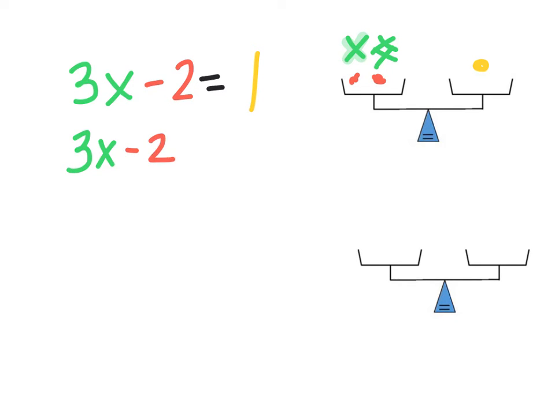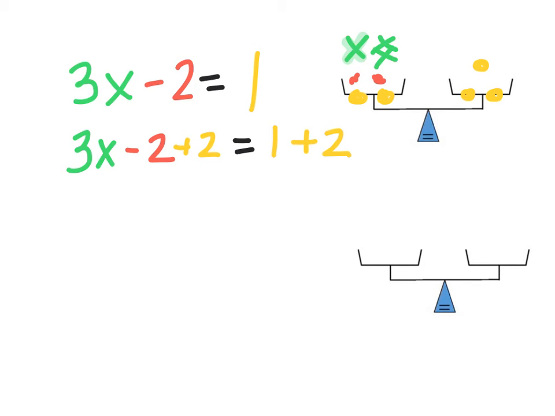It's minus 2 plus 2 is equal to 1 plus 2. So I can show that on my balance scale by saying that if I add in those plus 2 there, I also have to add in plus 2 here.